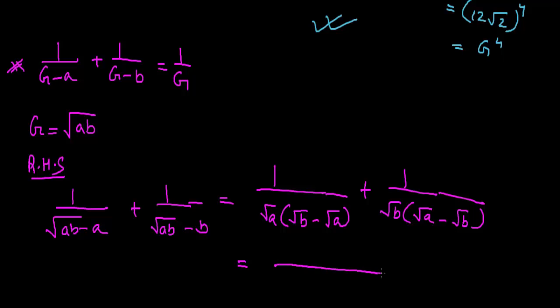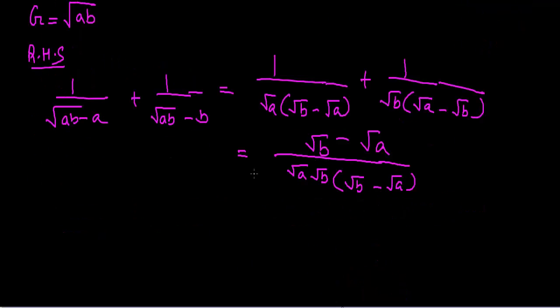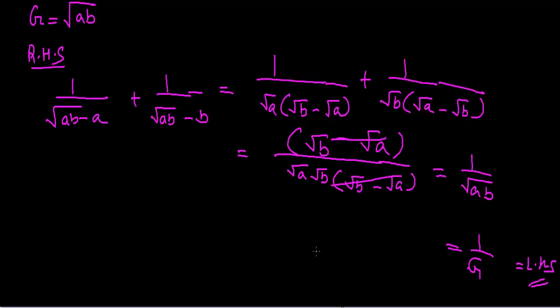Taking the LCM, this will be root under AB, and this will be root B minus root A. The numerator will be root B minus root A. We know that this as a whole will get cancelled out, and what remains is root under AB, and root under AB we know is G. So we obtained the required result. This is the LHS, so this is done.